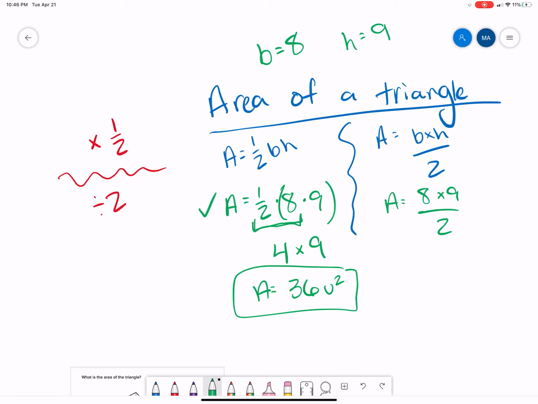Okay, so if I'm over here, I take 8 times 9, and I get 72, divided by 2. So 72 divided by 2 is 36 units squared. So I get the same exact thing.